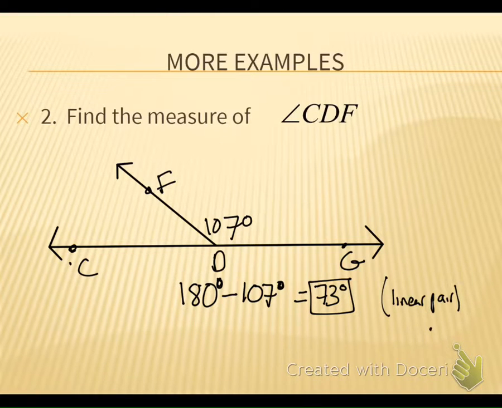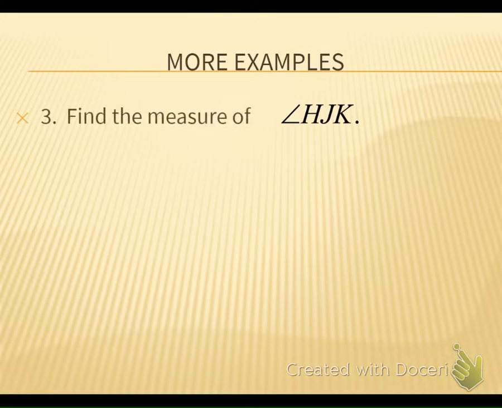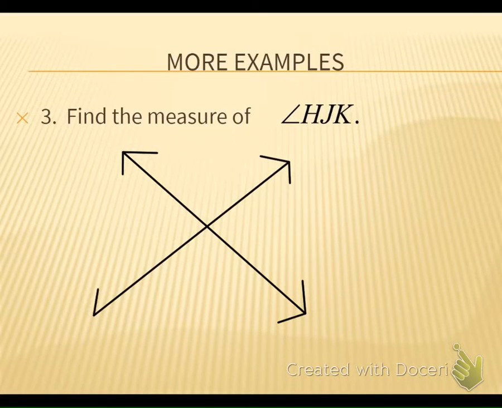So next one up, we have example 3. Example 3 is going to be 2 lines intersecting. We have J. We have 115.